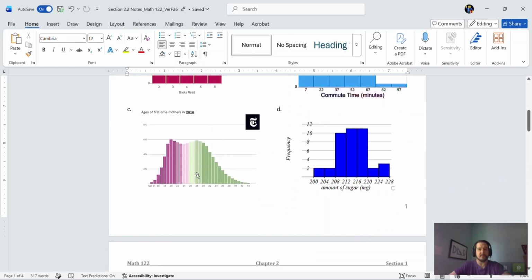Then I pulled something up from the New York Times. This is ages of first-time mothers in 2016. And here we have a frequency distribution, a lot of different ages labeled along the horizontal axis. And if you look closely, these are class midpoints as well, but they're not all class midpoints. If you take a closer look, you can see that there are some histogram bars that don't have a label underneath them.